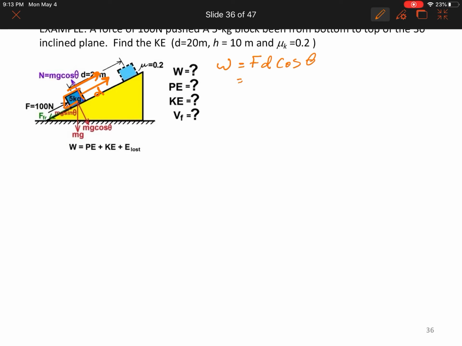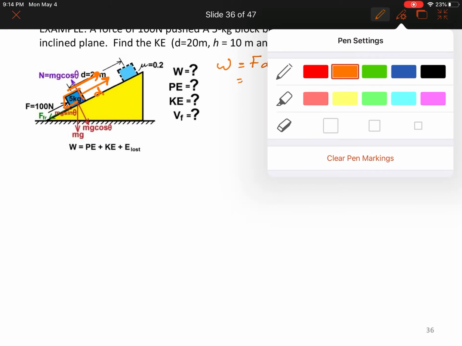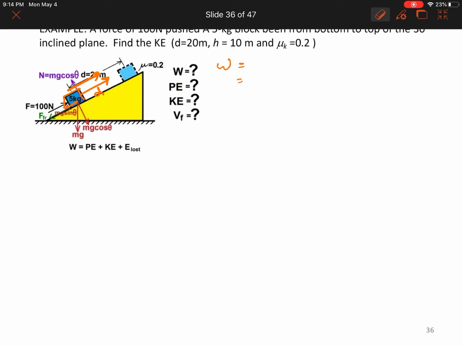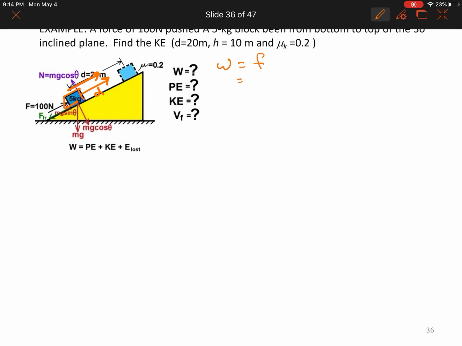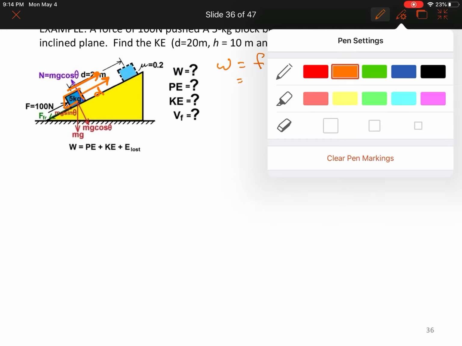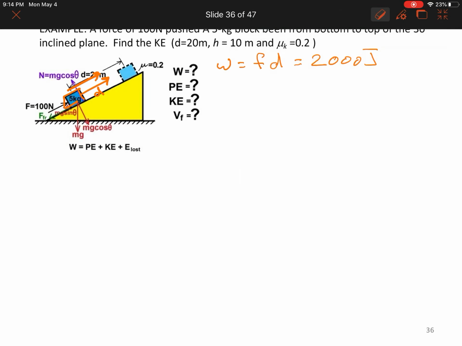In that case, theta is equal to 0, so cosine 0 is 1, so work in this case is equal to FD, which should equal 2000 joules. So we managed to find work for this block, which is equal to 2000 joules.